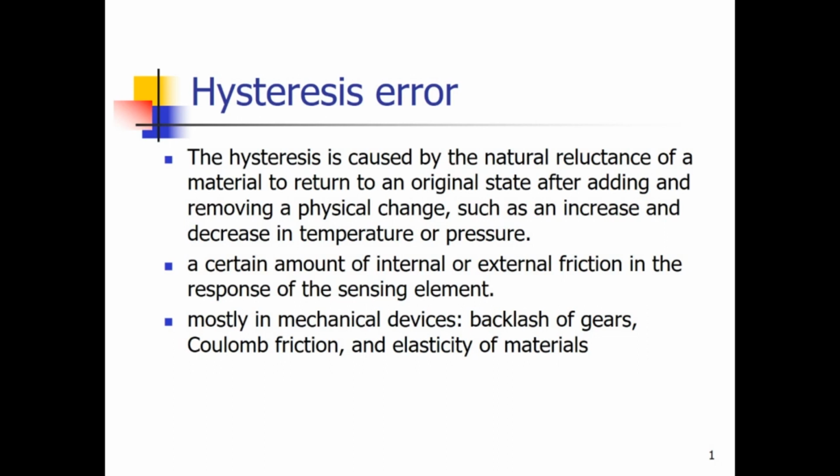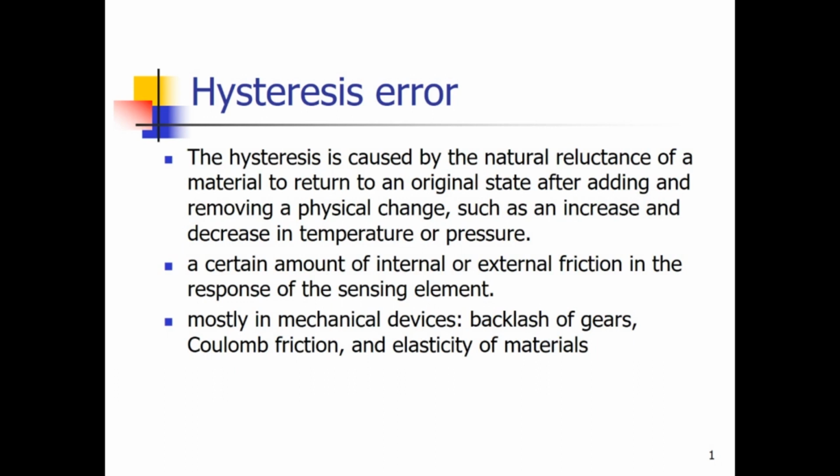The cause of the hysteresis error is the natural reluctance of a material to return to its original state after adding or removing a physical change. If we are increasing the temperature, or applying a pressure and then releasing the pressure, then it is expected that the system will respond the way in which it was responding when we were increasing the pressure.